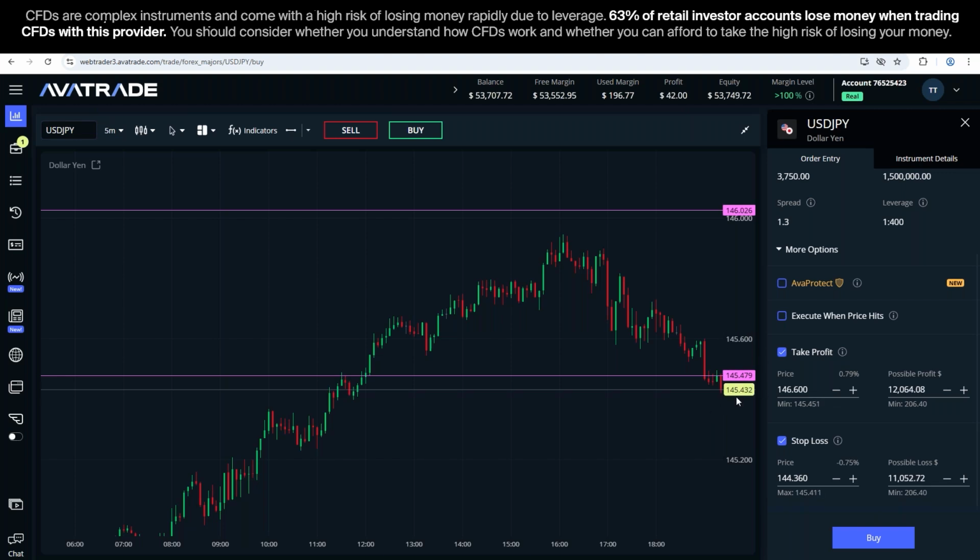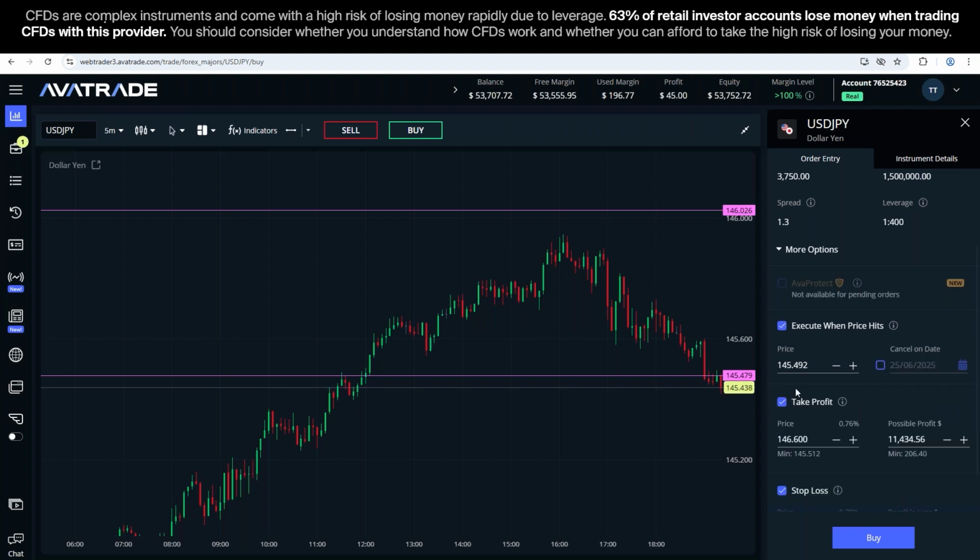Many times once it breaks below, it can spike back up and then refill that gap back in the opposite direction. So what you could do is have a pending order, execute when price hits. If it comes up to 145.6, it certainly has re-entered the gap by quite a bit.